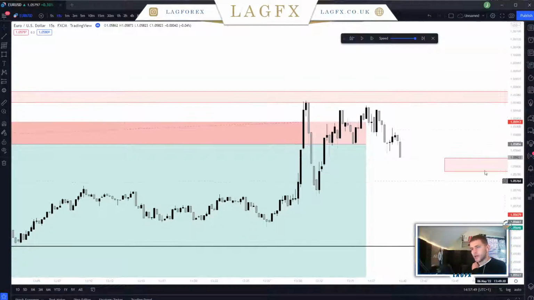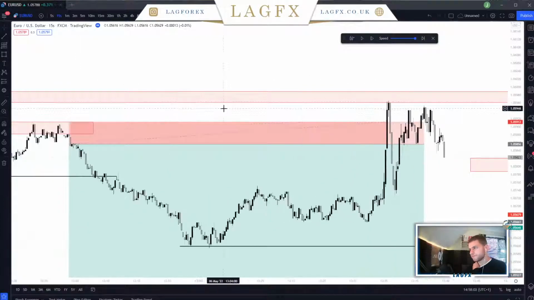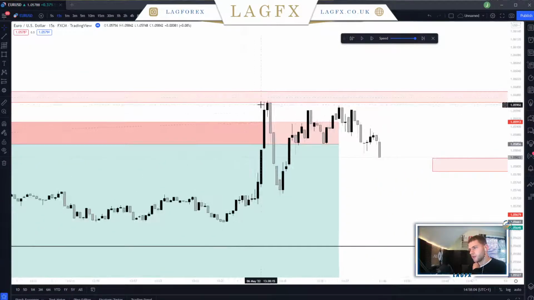So pretty much, give me one moment. We see obviously that price has traded us up into here, and after we've had this, we've moved back up, mitigated this position, so this buy to sell.